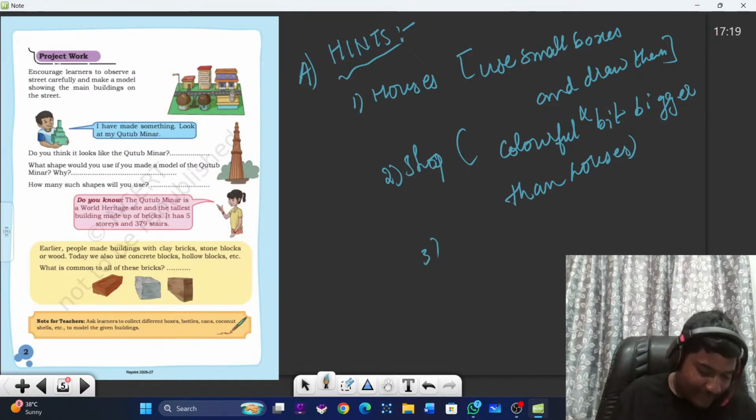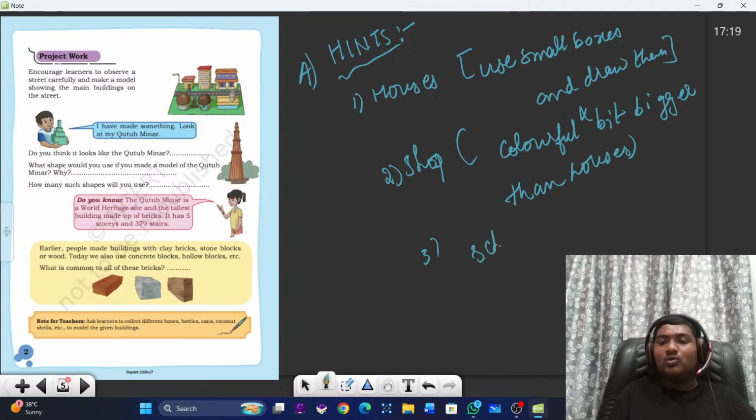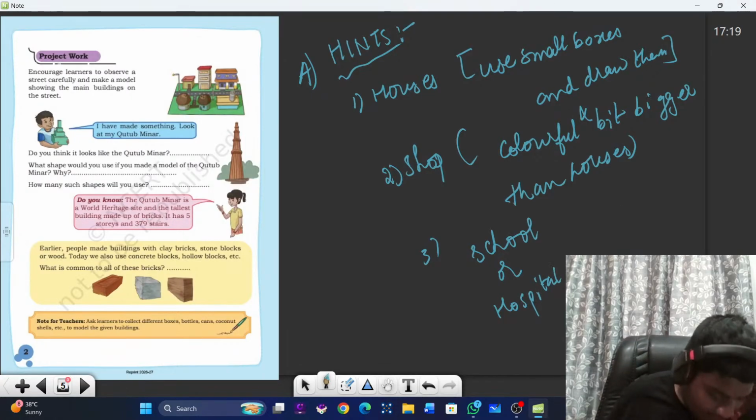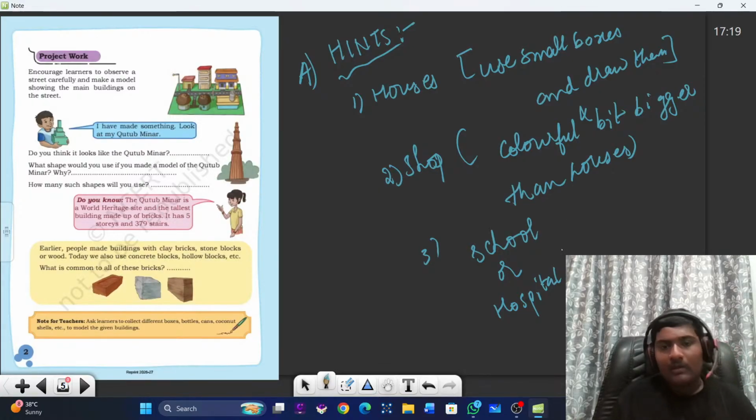Okay. And the third will be school or hospital. It is public welfare. School or hospital. So it should be in a taller box with a label.